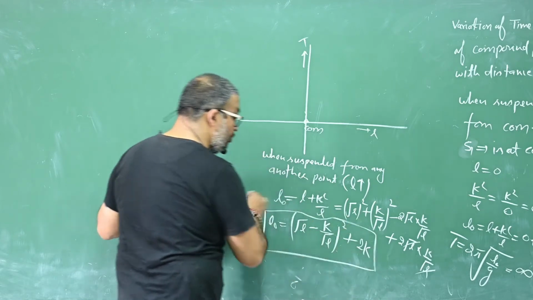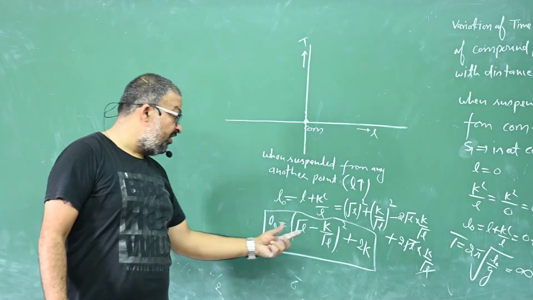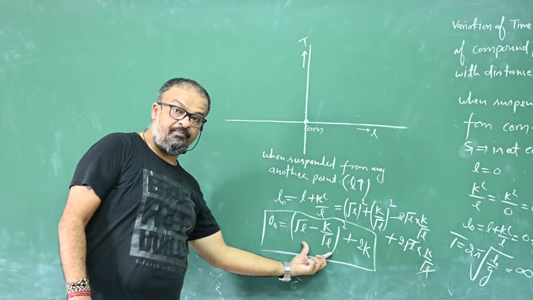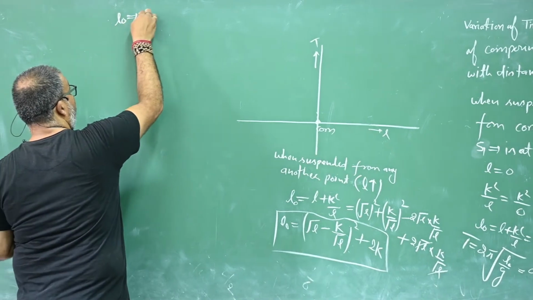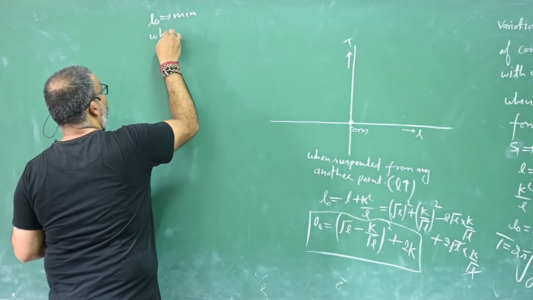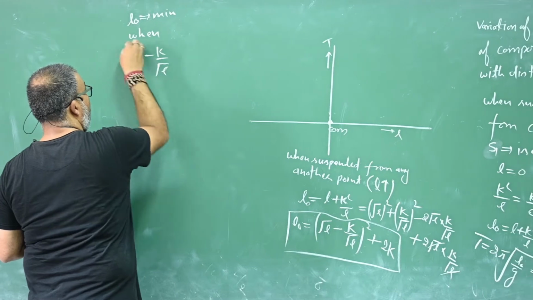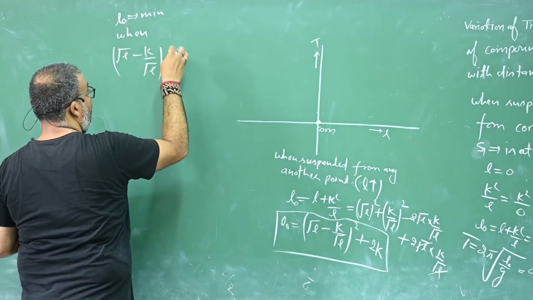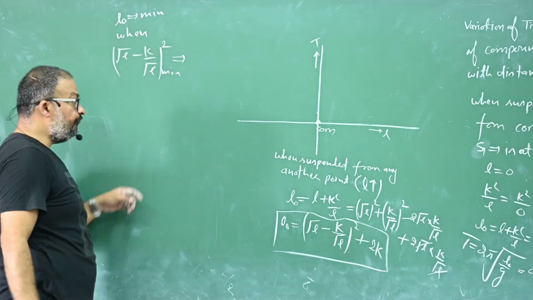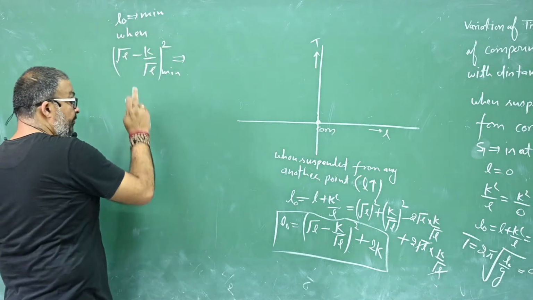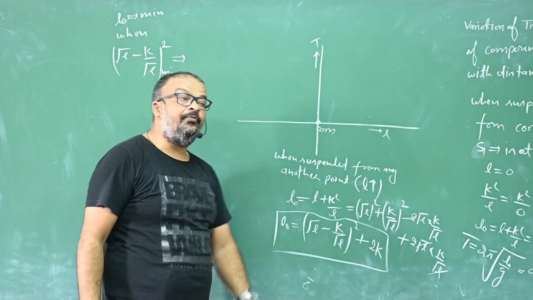This is L0. And what I'm saying is, L0 will be minimum when this part of the function is minimum. That is, L0 will be minimum when root L minus k upon root L is minimum, and that will be minimum when? The whole square. When will it be minimum? The minimum value of any square can be 0.